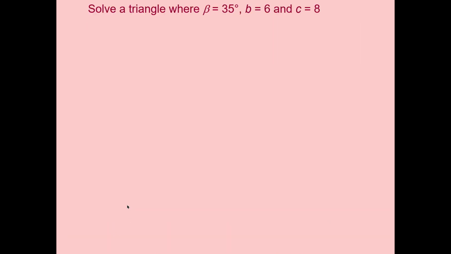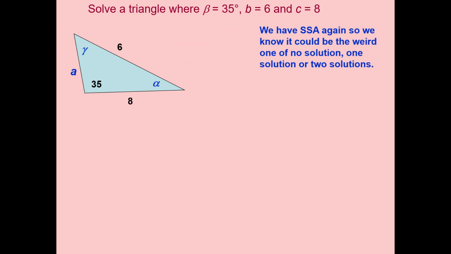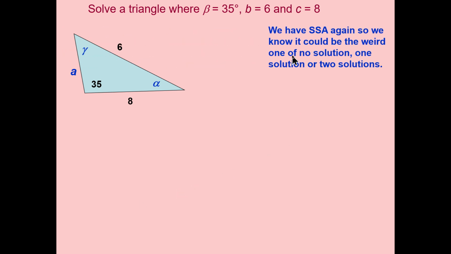Look at another case here. Beta is 35, B is 6, and C is 8. So you draw our triangle, we label it. Okay, we have side, side, angle, so it could be no solution, one solution, or two solutions. We set up a proportion here, and we can solve for gamma.